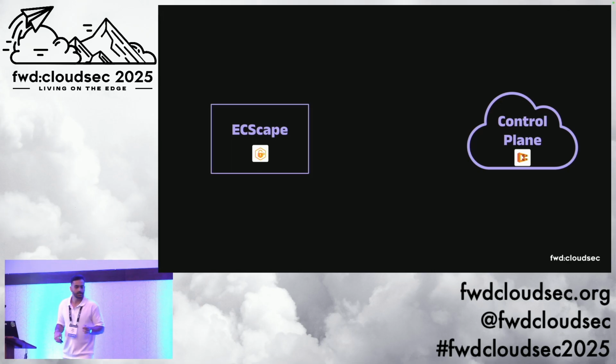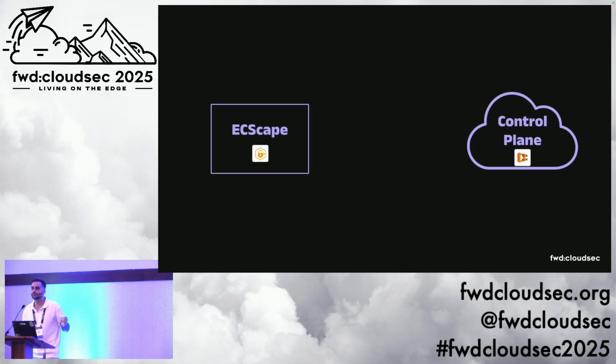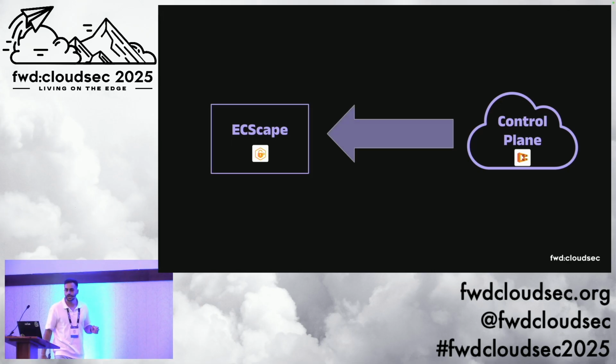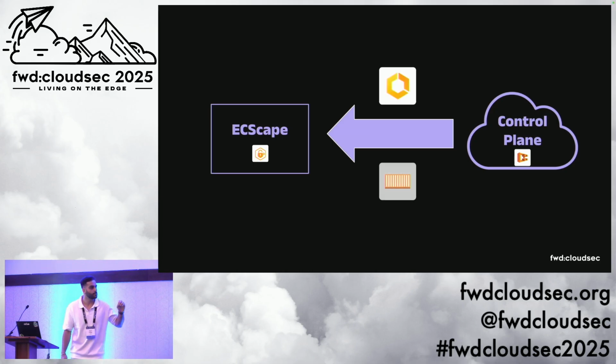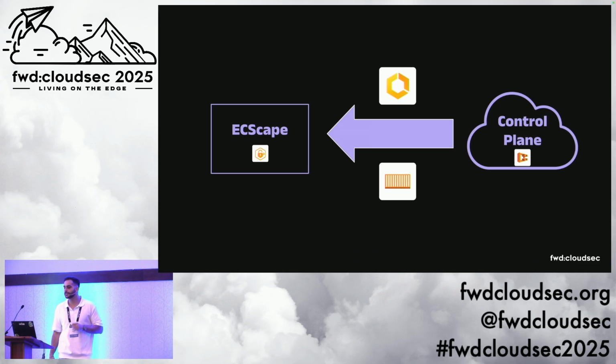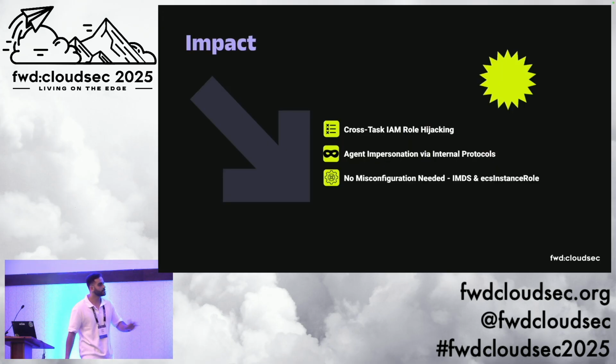Another thing to mention is that the agent impersonation goes beyond just task credentials. It also exposes metadata about the instance itself and other tasks running. So it's leaking data which was previously out of reach for me. To summarize the impact, we have cross-task IAM role hijacking. It's a clear privilege escalation path.